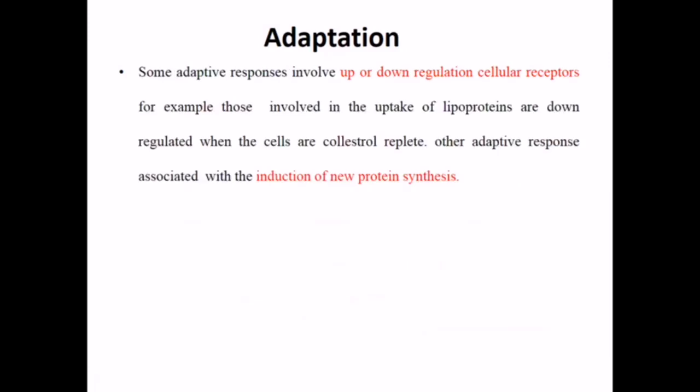Some adaptive responses involve up or down regulation of cell receptors, for example, those involved in the uptake of lipoprotein, and down regulation when the cells are cholesterol depleted. When the cholesterol is depleted, the lipid is regulated by up or down regulation.